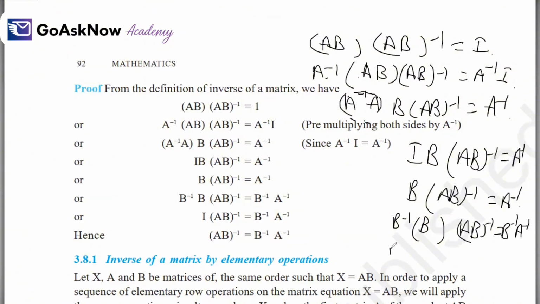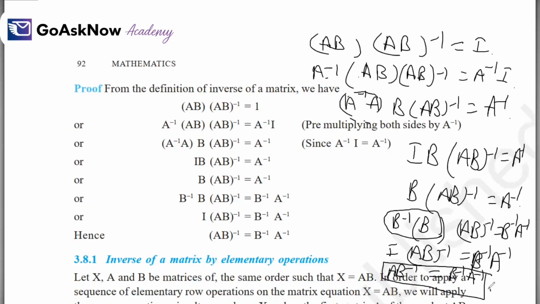Now B inverse B becomes I, and (AB) inverse equals B inverse A inverse. I into (AB) inverse is (AB) inverse only. So we have proved that (AB) inverse is equal to B inverse A inverse. That is a very easy proof.